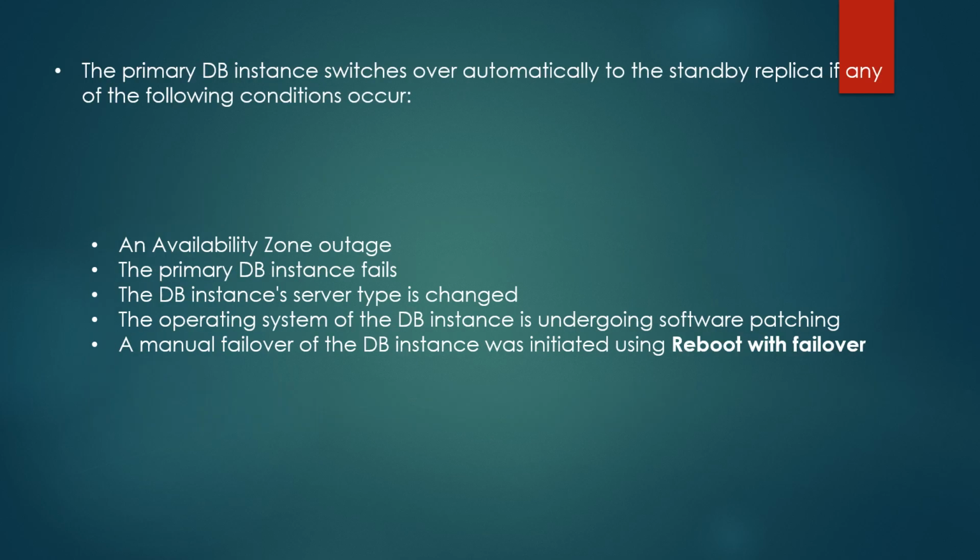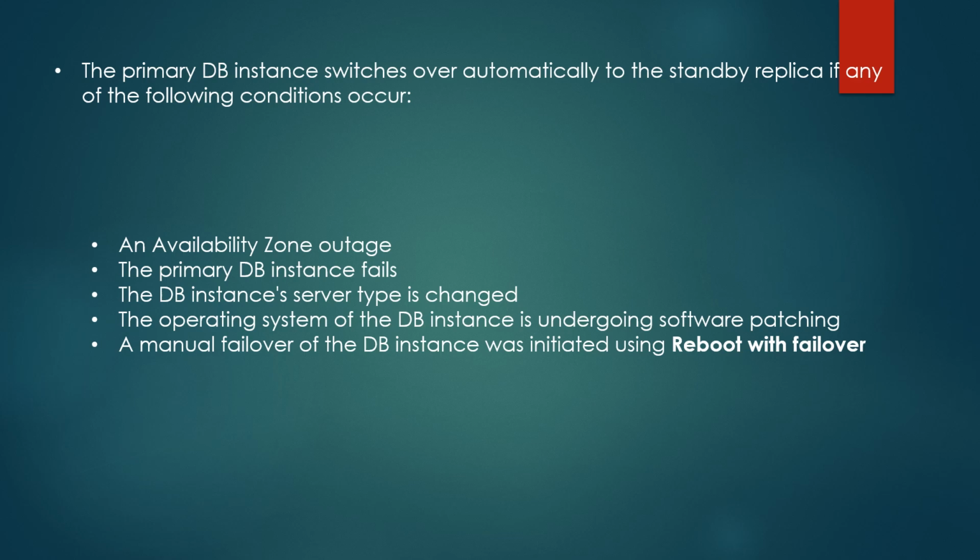The automatic switch from primary to secondary, that is, to the standby replica, can happen in the following scenarios. If a complete availability zone outage happens, the whole availability zone is out for some reason, or the primary DB instance fails for some reason, or the server type is changed for the DB instance, then the primary will be down and it will be automatically moved to the standby replica.